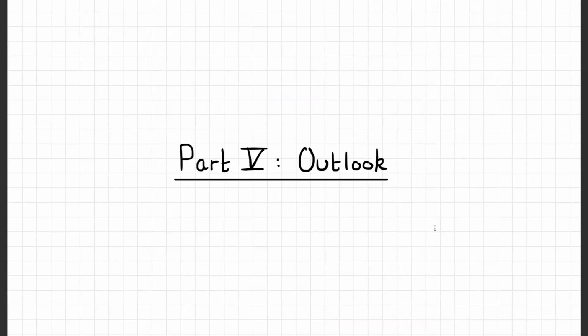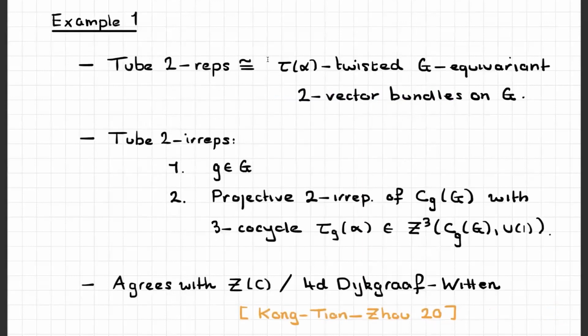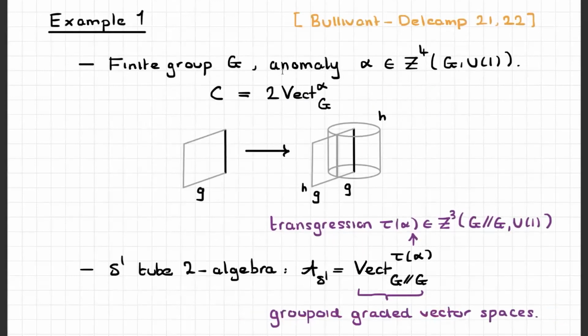Question. Can you put a topological line around the twisted line? In principle, you measure the charge of the line with a topological line in 3D. Yeah, that's right.